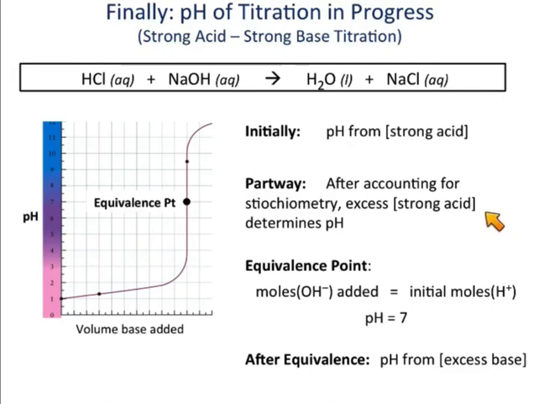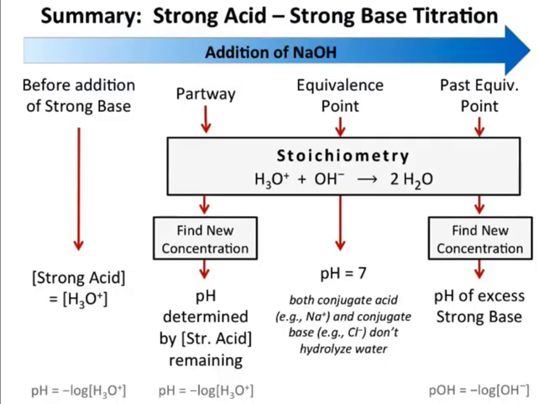Partway, you have to deal with the fact that you've done some of the reaction, so you've neutralized some of the acid already, and then the acid that's left over determines the pH. So you have to do the stoichiometry there in moles. When you hit the equivalence point, you've neutralized the acid and the base, you have pH 7. And then after the equivalence point, well, then your pH just depends on how much base you've added after the equivalence point.